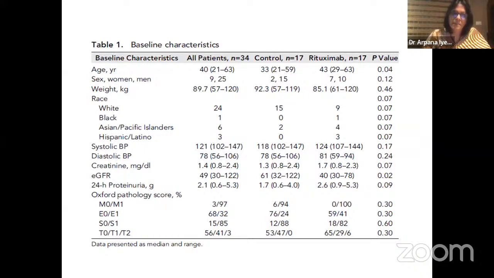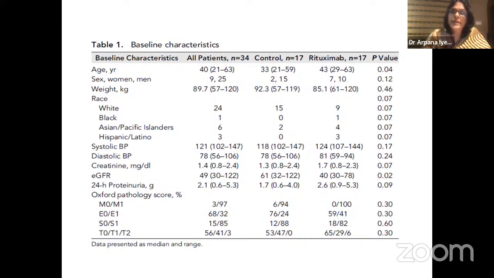But in spite of that, due to some chance, there can be a slight difference in the baseline characteristics of the two groups. So what are those variables here that you find there was a difference in between the control and the rituximab group? Here age and GFR, ma'am.